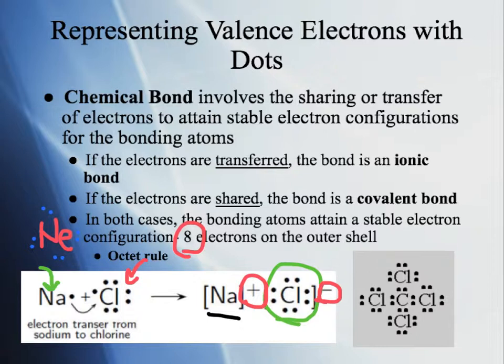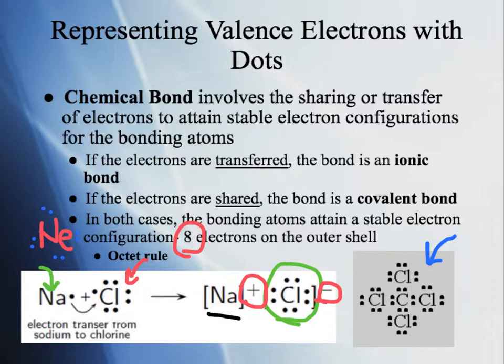The other example here is of carbon tetrachloride. Here's carbon tetrachloride, and we can see that when we do the Lewis dot structure for this compound, all of the atoms are going to achieve a stable electron configuration of 8 electrons in their outer shell. In this case, they're sharing electrons, and so the shared electrons are going to count for each atom's octet.